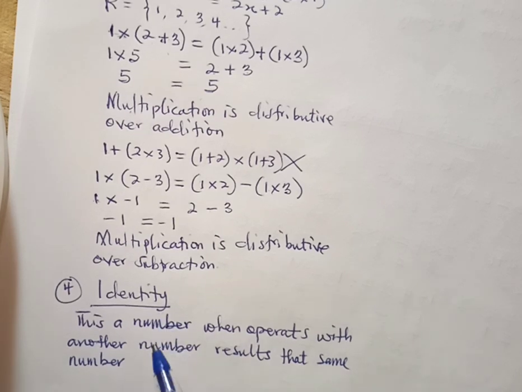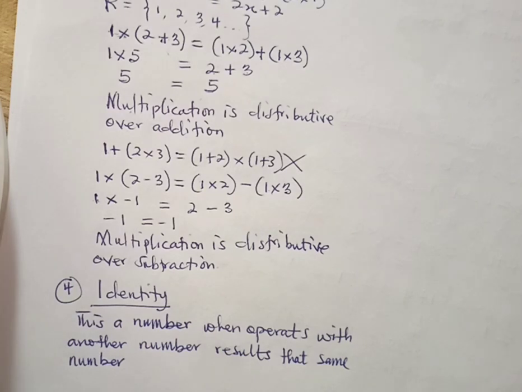Good. So that is what identity is. So we are saying that for the identity property, it is a number. When it operates with another number, the result will be that same number. That is what we mean by that number will never change. Have you gotten that? Good.